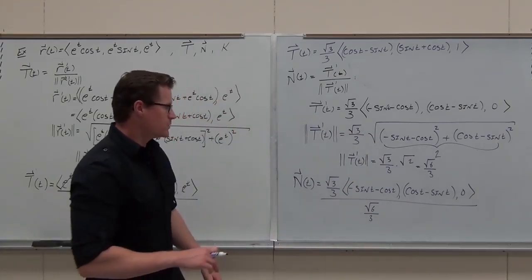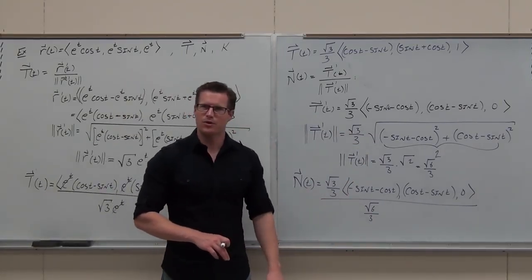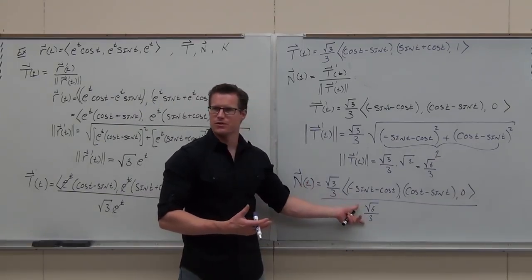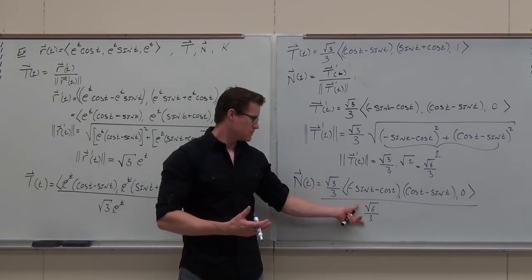That's kind of up to you to be able to simplify this thing appropriately, but it's not that bad. What are you going to do with that square root of 6 over 3? Cancel out square root of 3 over 3 and just get square root of 2.